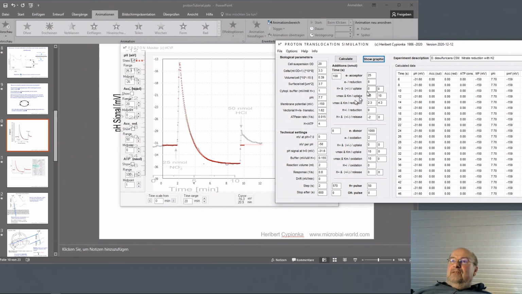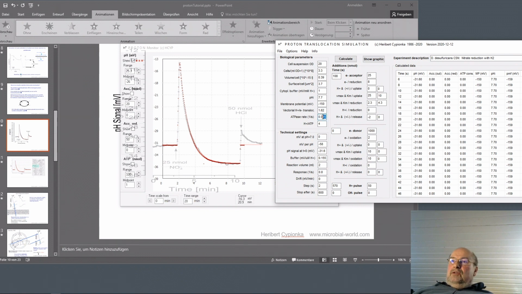There's one thing that has really changed, and this is the ATPase rate. It is not 99%, it's actually 1.5%. 0.015 is 1.5% instead of 99%. And you can see that this difference is really relevant.